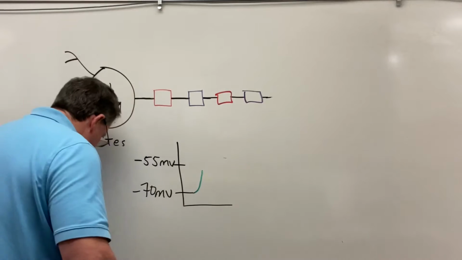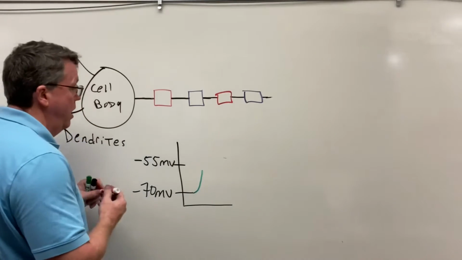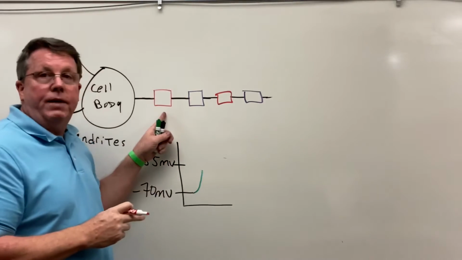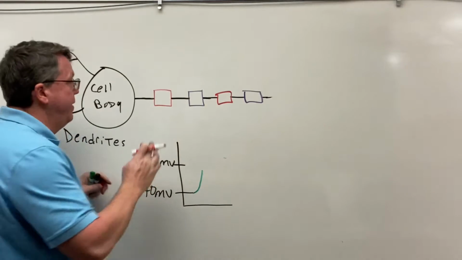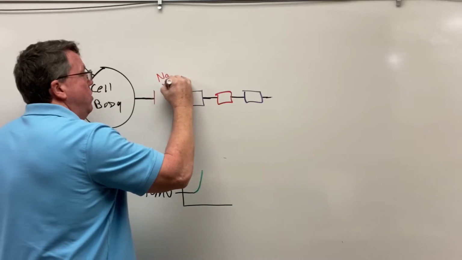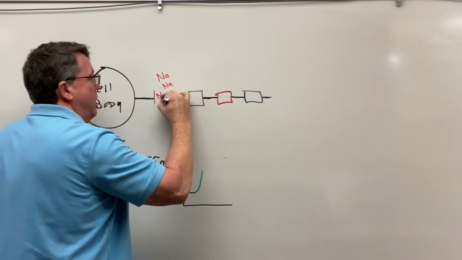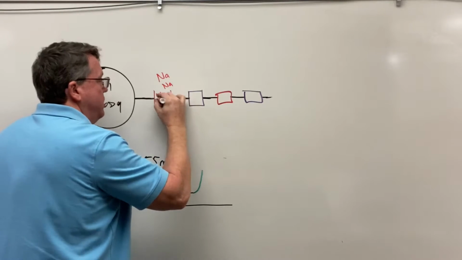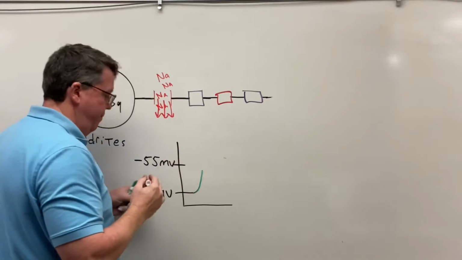And what would happen at negative 55 now is these sodium gates here would open, and sodium would start rushing into the cell. I get a whole bunch of sodium rushing into the cell.